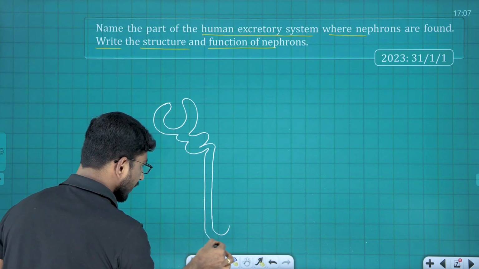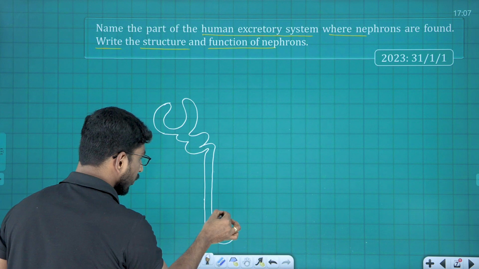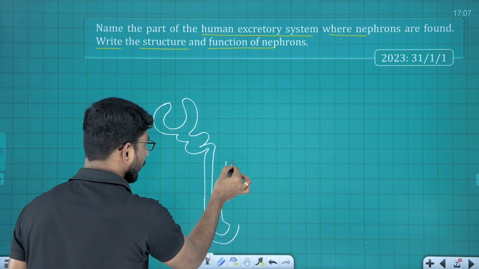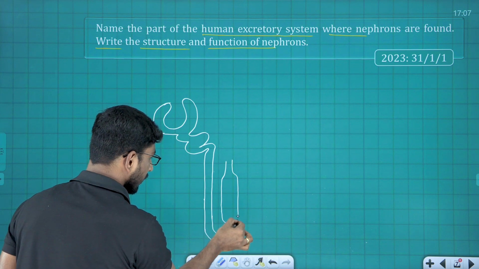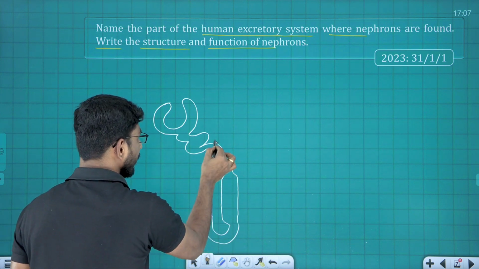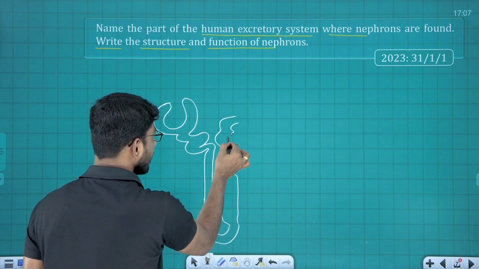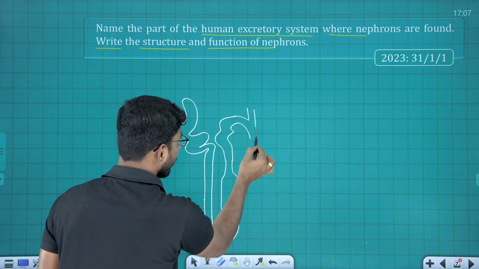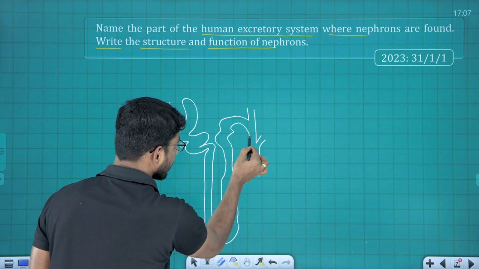The descending limb of loop of Henle opens into the ascending limb of loop of Henle, like this. Look at it, this is the ascending limb of loop of Henle. And this will open into DCT. This DCT opens into the collecting duct, like this. This is the collecting duct.